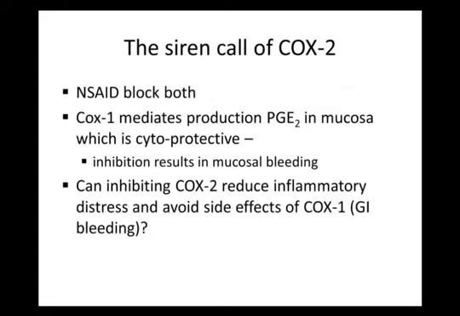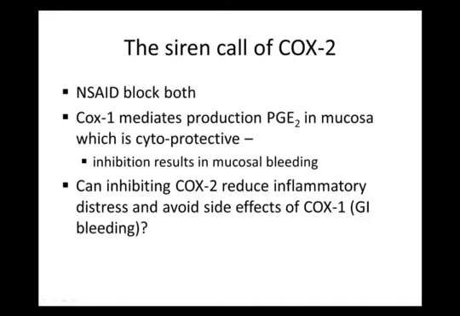So COX-2 was a really attractive target 12, 15 years ago. Remember that NSAIDs as a group have the ability to block both COX-1 and COX-2. COX-1, we said, mediates the production of prostaglandins in the mucosa, and that's cytoprotective. So if you inhibit COX-1 to any level, you're going to result in mucosal bleeding.